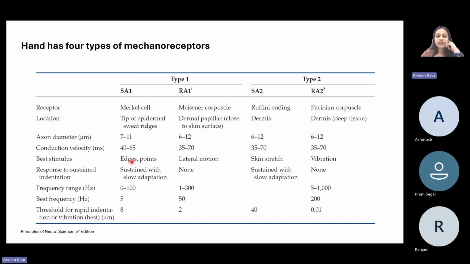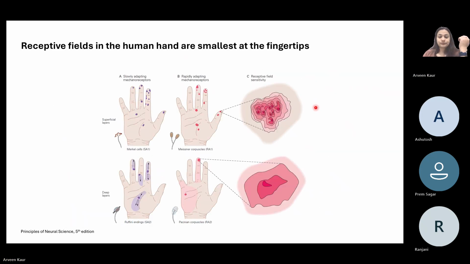Its best stimulus is edges or points, and it has a sustained response with slow adaptation, and the frequency ranges 0 to 100, and the best frequency 5. Threshold for rapid indentation is around 8, right? So similarly you can go ahead and read the other ones also. So type 1 fibers are SA1 and RA1, type 2 are SA2 and RA2, right?